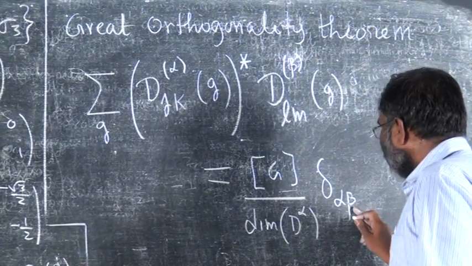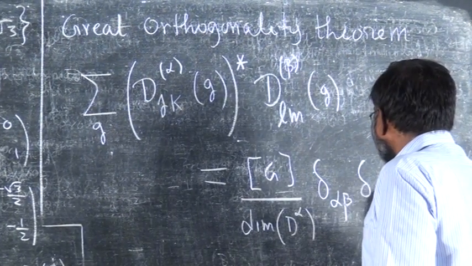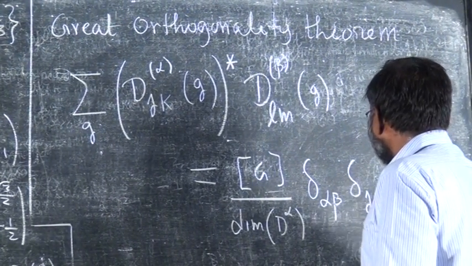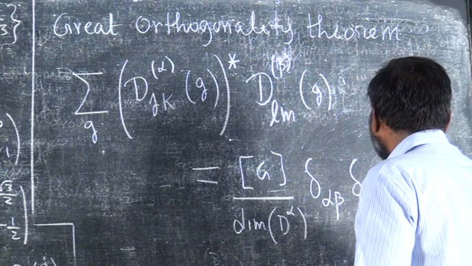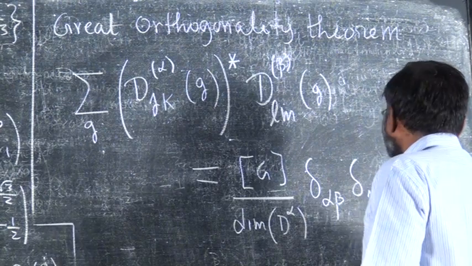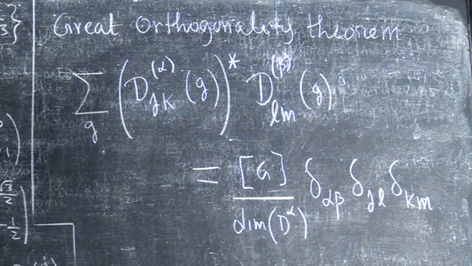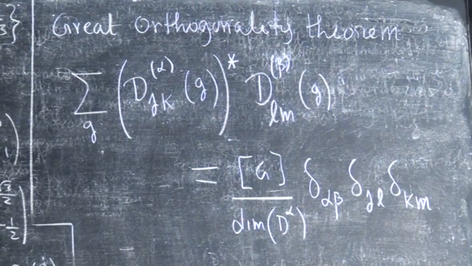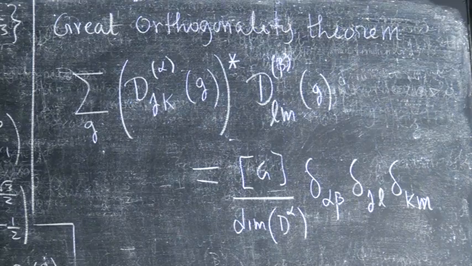If the two representations are inequivalent, then this is 0. Delta JL, they should be of the same row index, and delta Km, they should be of the same column index. So this is the only result that you have to remember if you have to use group theory for some applications.